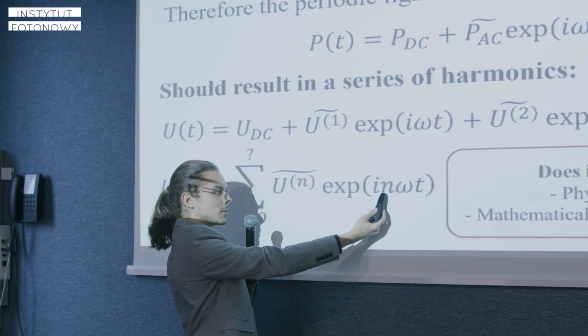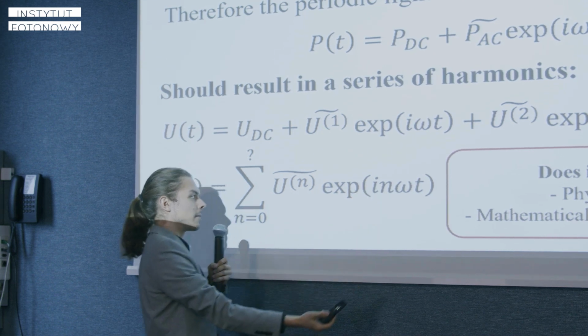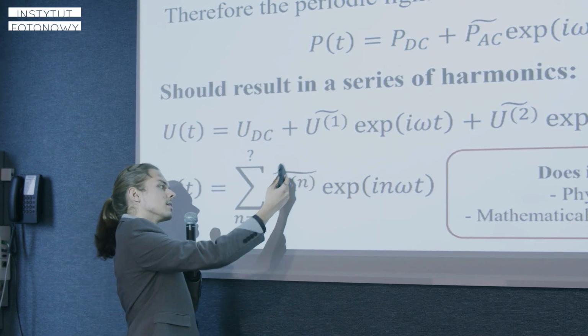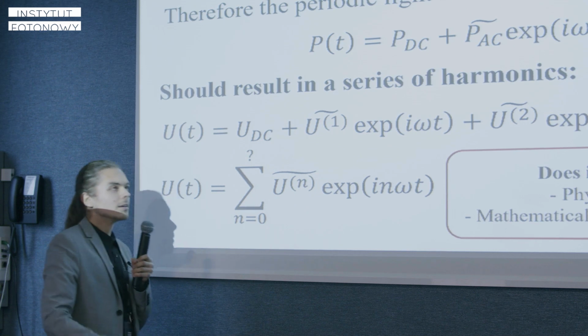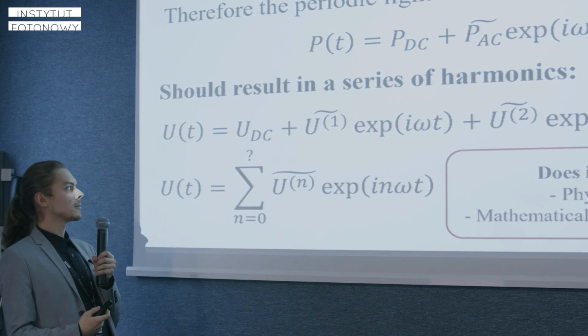So n equals 1 is the first harmonic, n equals 2 is the second harmonic, and so on. And this object is the nth harmonic of the photovoltage, right?